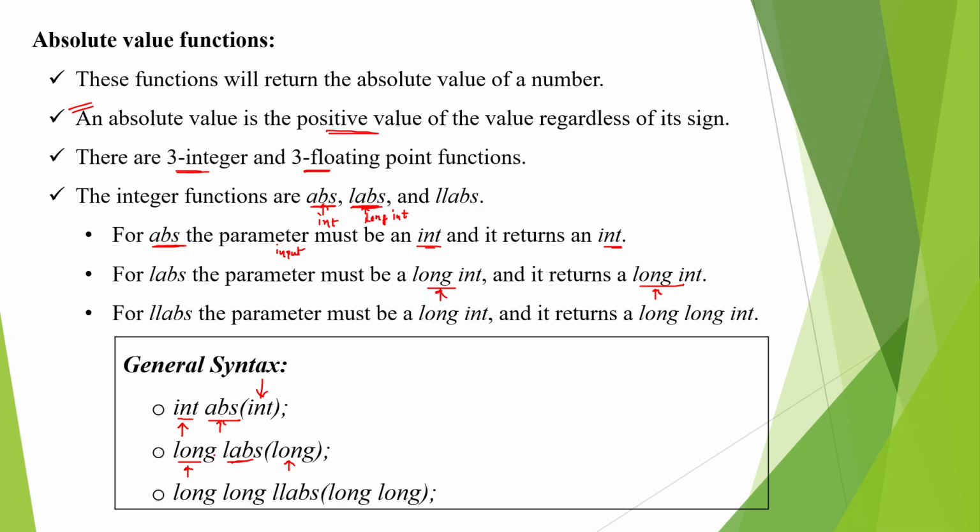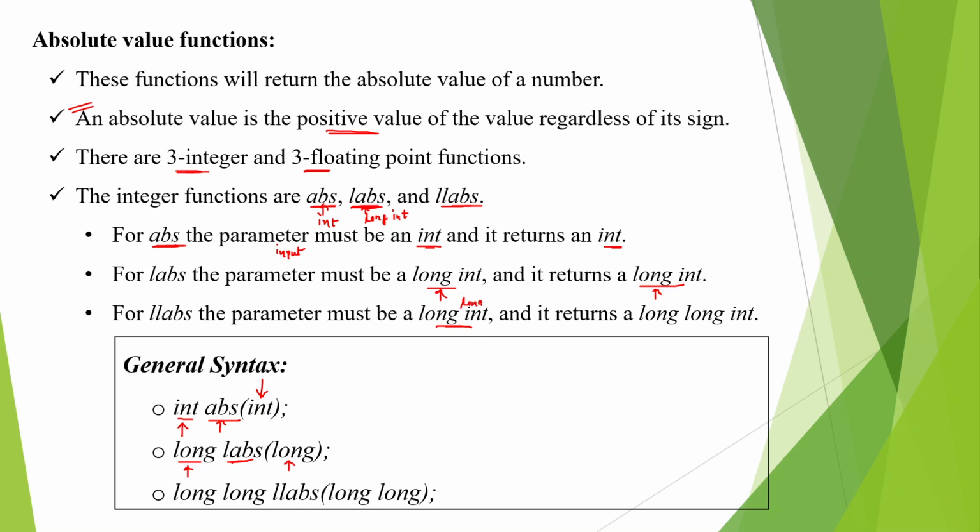Do understand this thing. Here also the last thing, we have llabs, that is nothing but long long absolute. The parameter must be long long int. Here one long is missing actually.